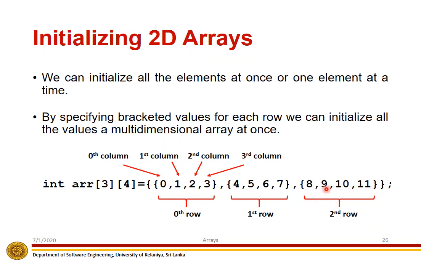This is the second row, so the index of this is [2][0]. And for this 7, the index is first row, then the last column, third column. So [1][3].